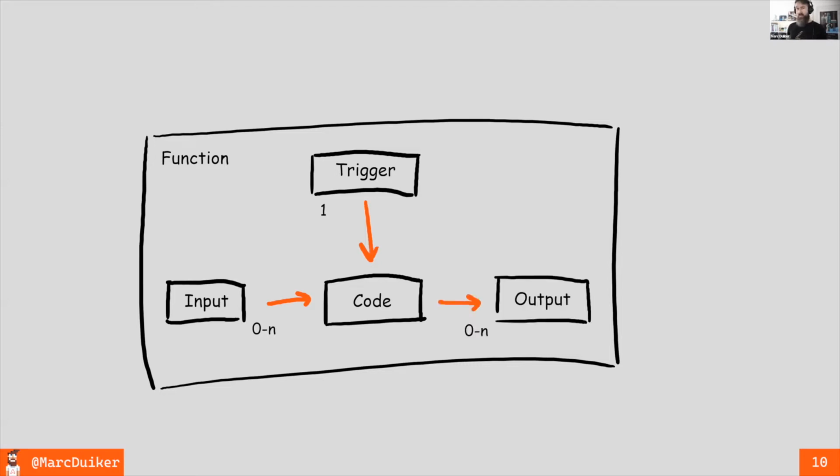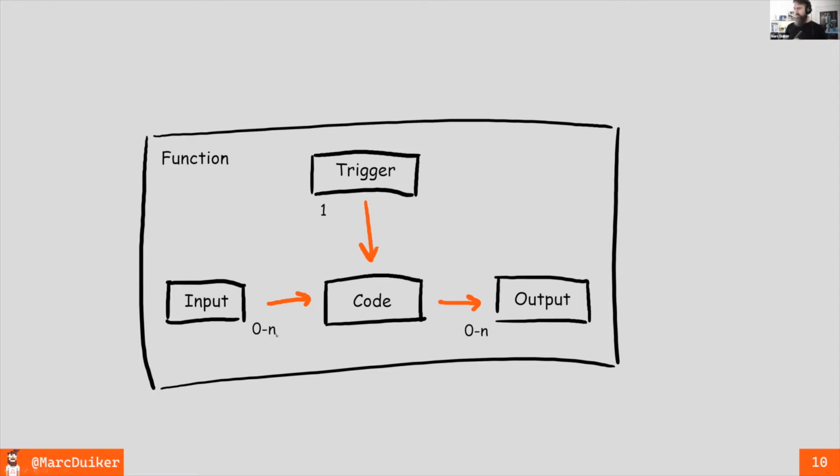It also has optional output bindings as well, which again makes it very easy to store something in storage, for instance, or put another message on a queue. So this is really, I think, the power of Azure Functions, that you have these very easy integrations with other services within Azure and even outside of Azure. I think there's also, for instance, a Twilio integration, so you can easily send a message via Twilio once you trigger your function.